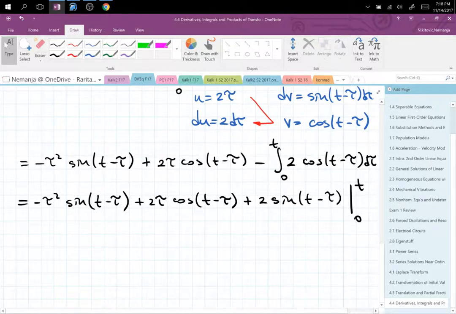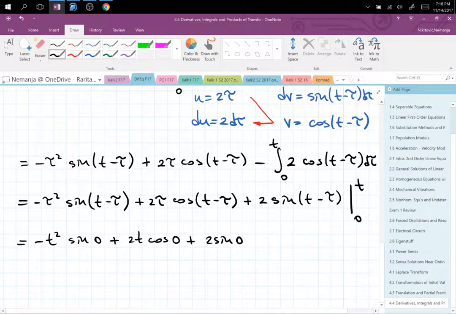Well, when you plug in t for every tau, because we are integrating tau out and now replacing the limits, it becomes negative t squared sine of 0 plus 2t cosine of 0 plus 2 sine of 0.